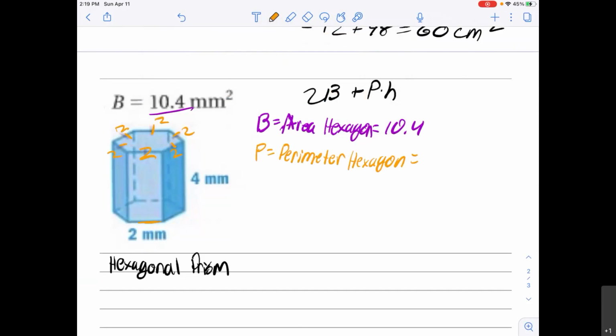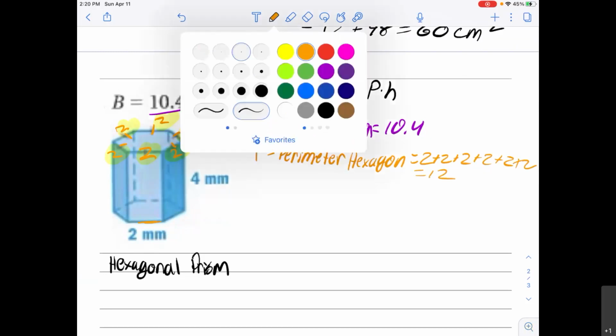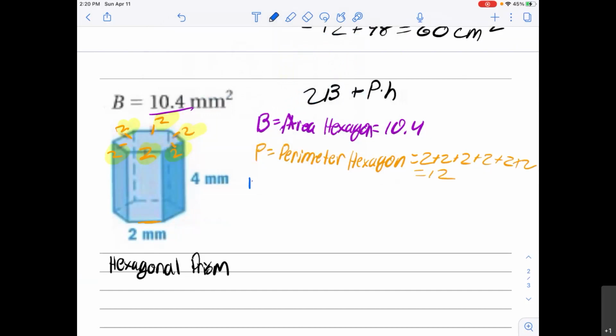So then we can just add 2 plus 2 plus 2 plus 2 plus 2 plus 2, which equals 12. Okay, so I have my base, I have my perimeter. So then the last thing would just be the height. Well, the height, that's the part that doesn't have anything to do with the base, doesn't have anything to do with the hexagon. Here I can see that that's 4.